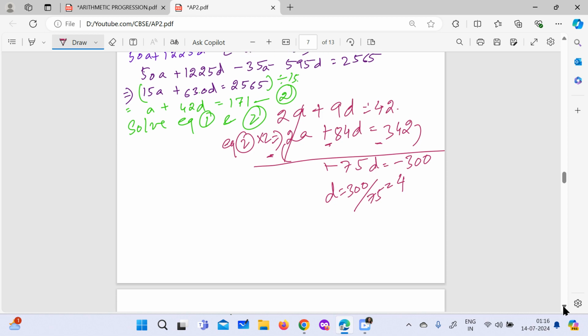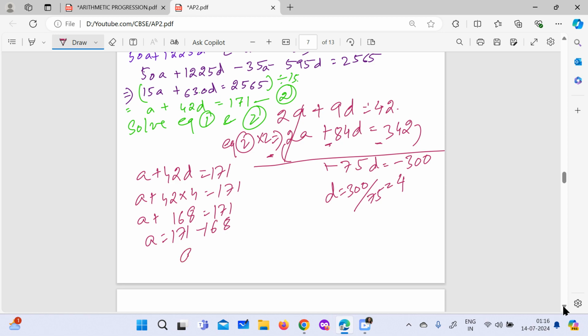Now, what you can do is find the value of a first. So a plus 42d equals 171. We substitute: a plus 42 into 4 equals 171. So a plus 168 equals 171, so a equals 171 minus 168, and then you get a equals 3.